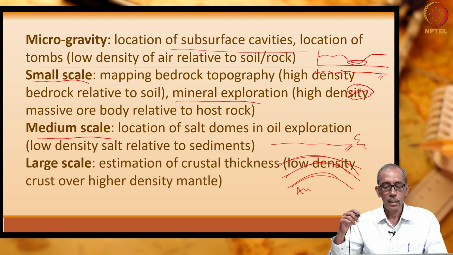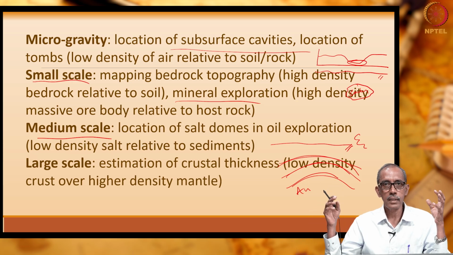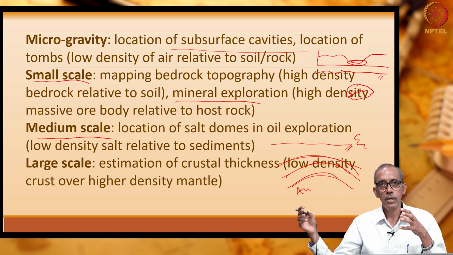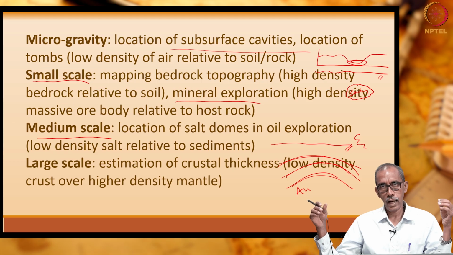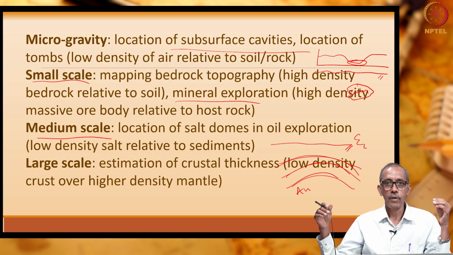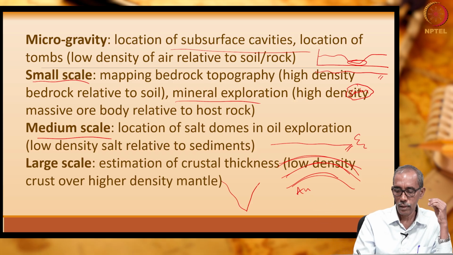Then we have a very large scale survey, that means countrywide, over the country of India or along the east coast or west coast of India. We may do a survey to understand a large scale variation in the acceleration due to gravity. For example, I'm just roughly drawing the map of India.